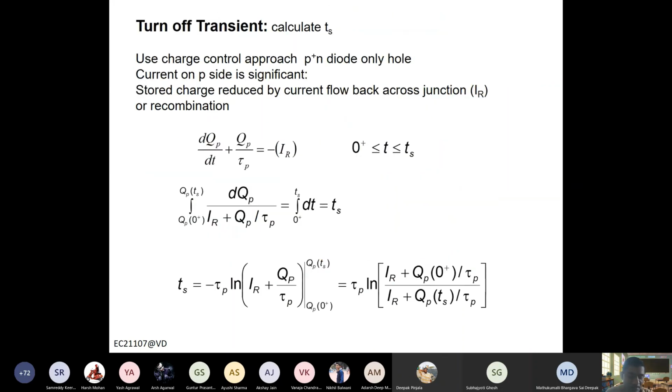Okay. Now in terms of the transient, let's solve that equation. dQ by dt is equal to minus IR minus QP by tau. If you take terms to one side, then you have dt on one side and dQ on the other.